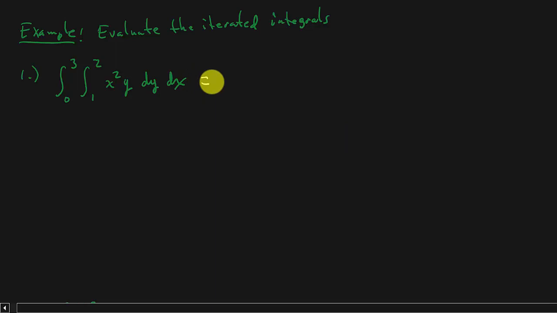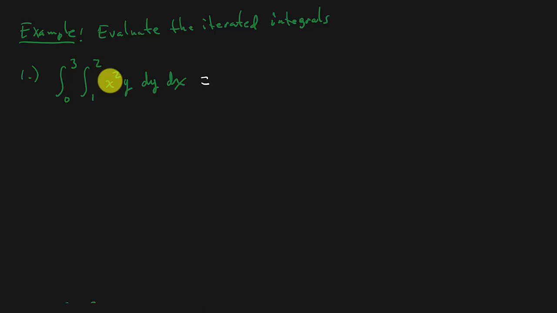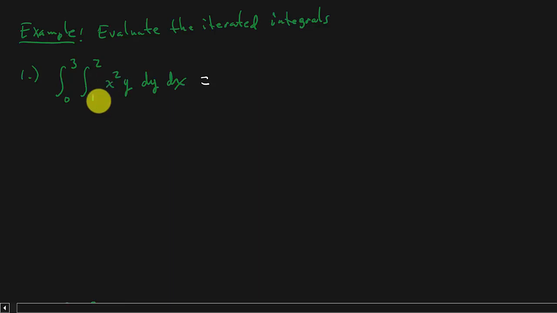All right. So what I want to do is integrate this thing with respect to y, holding x fixed. So I kind of want to treat x like it's a constant, like it's a number. So just think of this. You see, we got x squared y.